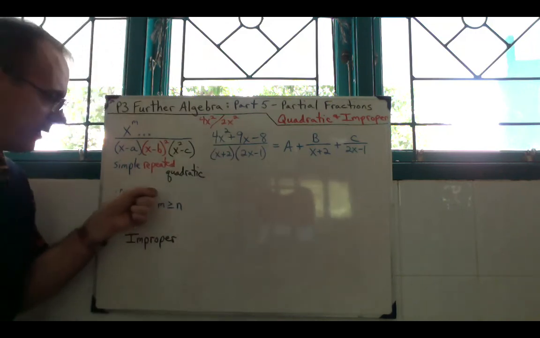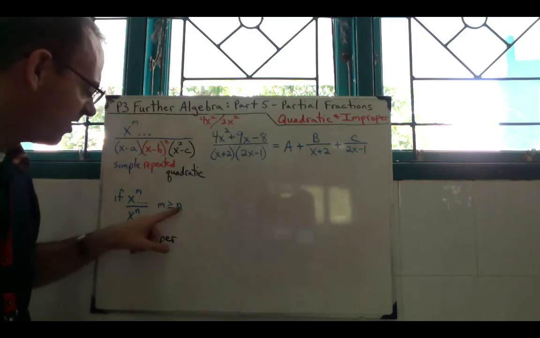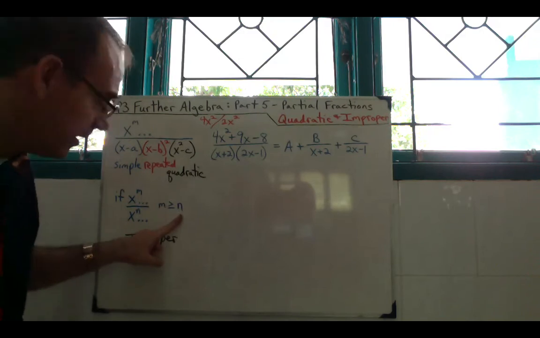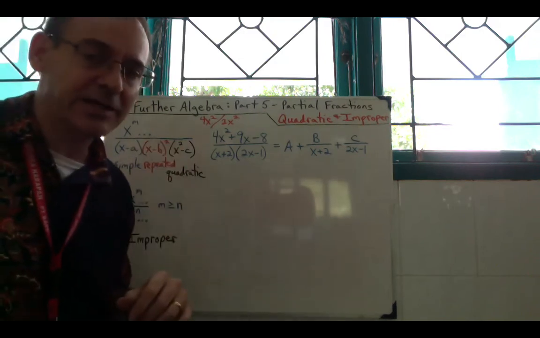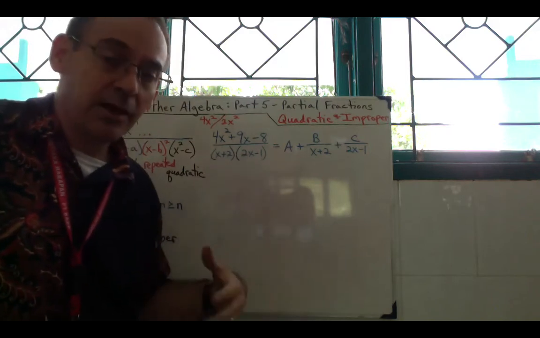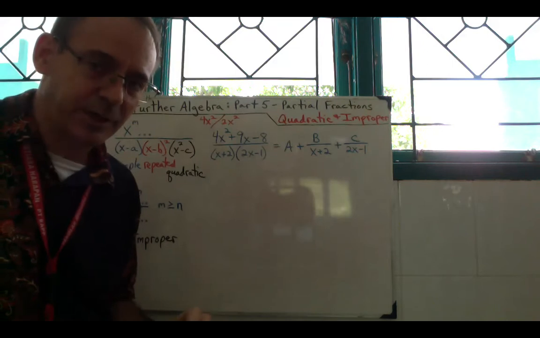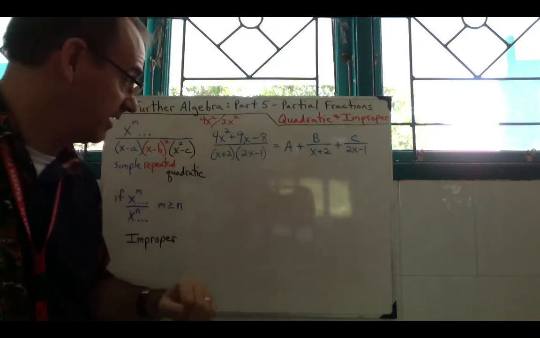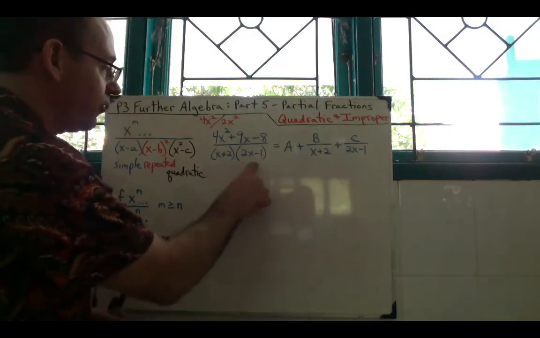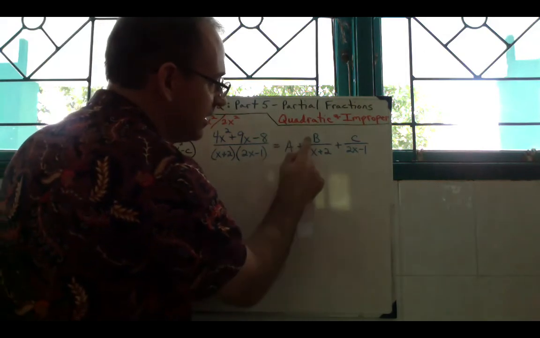And if the top is greater than or equal to the exponent on the bottom, on the denominator, then it is an improper fraction. So we need to take care of that first. What will happen is this: if you do not recognize that as an improper fraction, and if they did not already set it up for you, you would go, oh, this is simple, simple, and you would have put this.